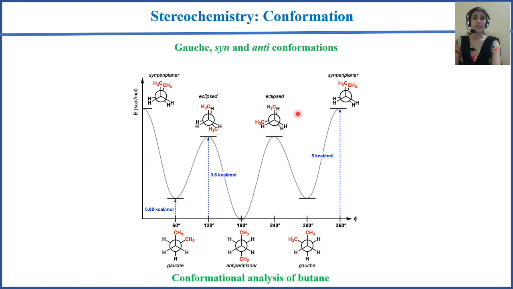This is the angle between two methyl groups in anti-clockwise direction, and this is again minus 60 degree. That is, the angle between two methyl groups is 60 degree, and this methyl group is located in the anti-clockwise direction.